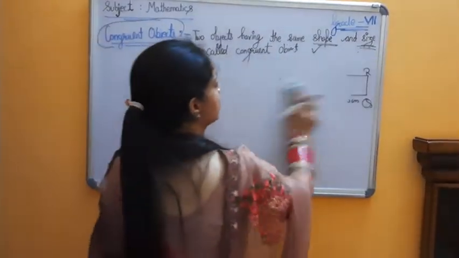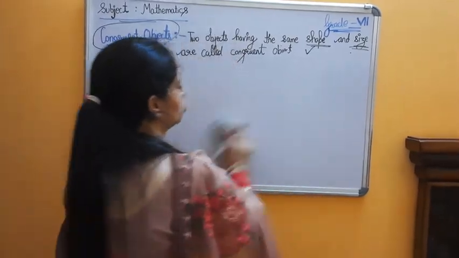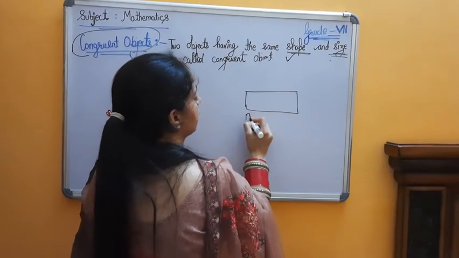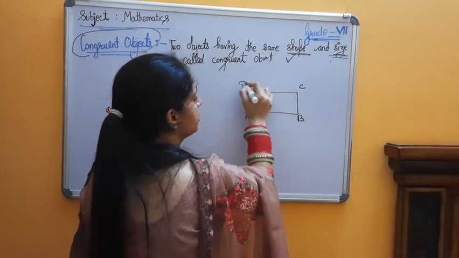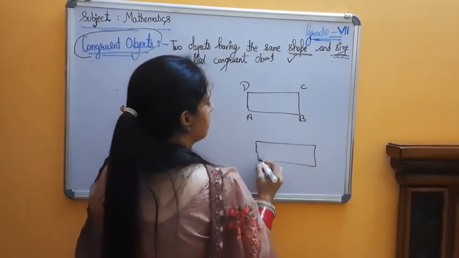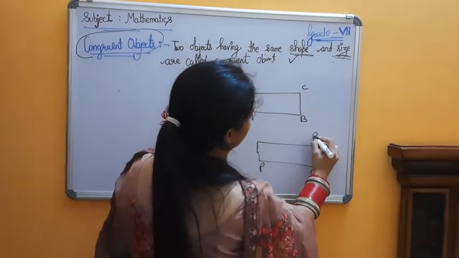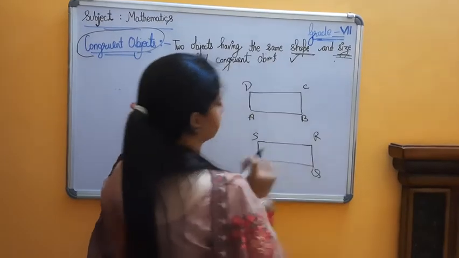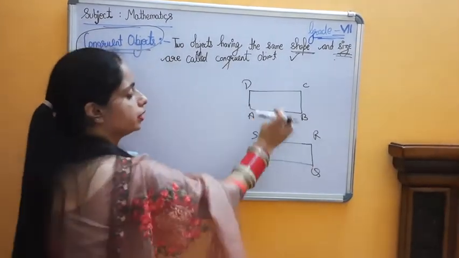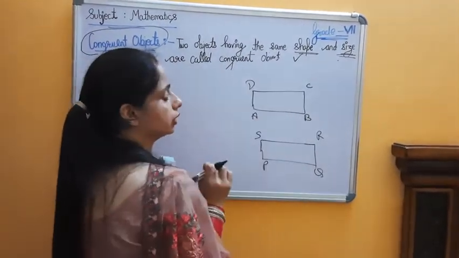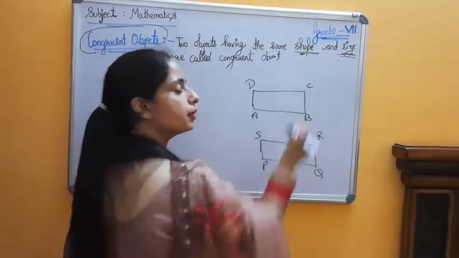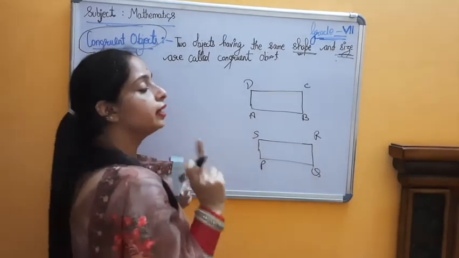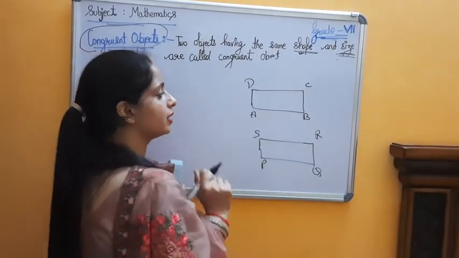Next we have congruency of rectangles. Let's say ABCD and PQRS are rectangles. Both are rectangles, this means shape is same. Now how is size same?